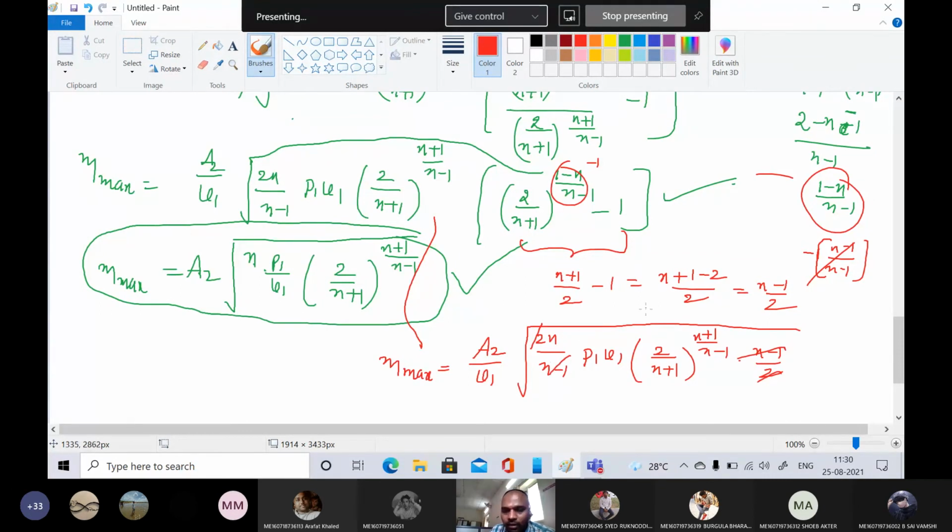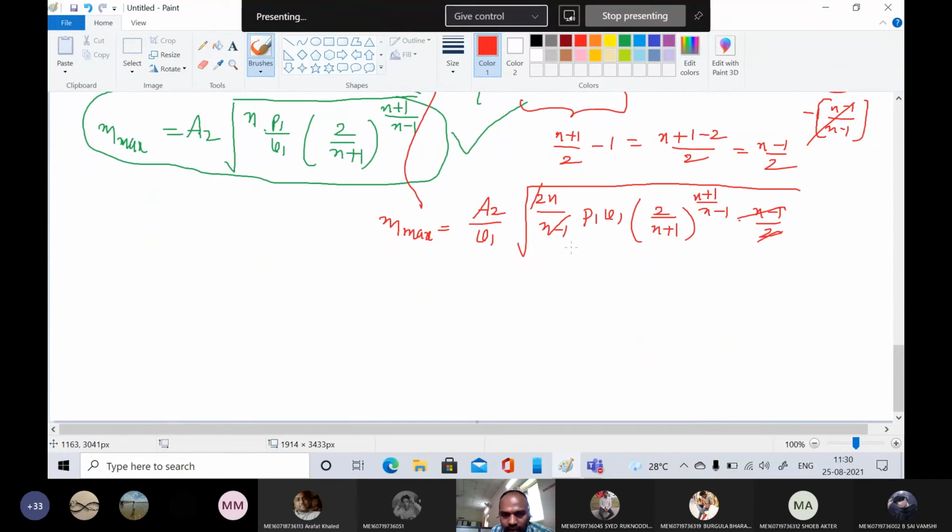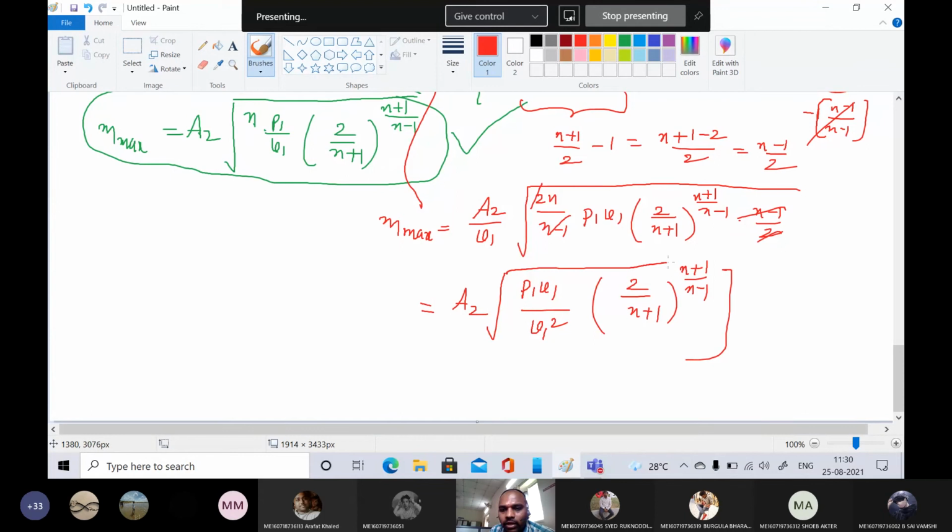Then we are left with it. Then I'm taking v2 inside. Therefore, a2 into p1 v1 divided by, if I take inside, it will be square because the square root is there, into (2 by n plus 1) whole power (n plus 1) by (n minus 1). This is the maximum discharge of steam passing through the nozzle.